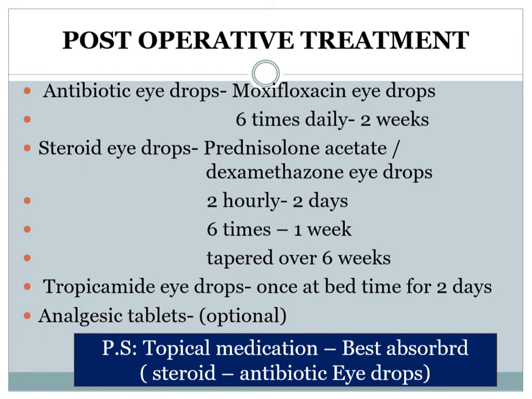So in order to reduce that inflammation, we are giving steroids, and for the same reason, there might be spasm, isn't it? Ciliary spasm, because of which there will be pain. So to relieve that, we use 1 drop of tropicamide in the night for the first 2 or 3 days.